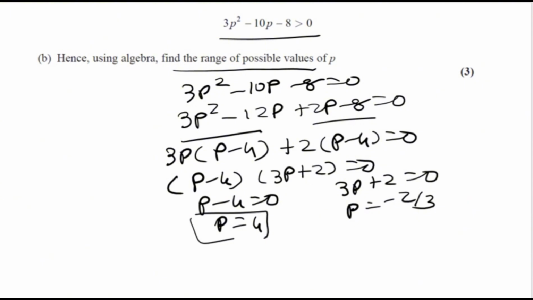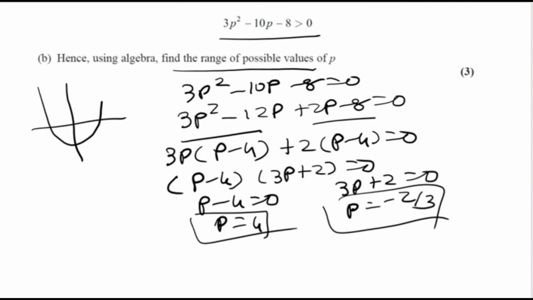Now we are getting the two values of p. But to write the range, we have to think what type of graph we are getting. Here greater than 0 means we can use this part, because this part is on the top of the x-axis, which is the greater value. So I can write it down.